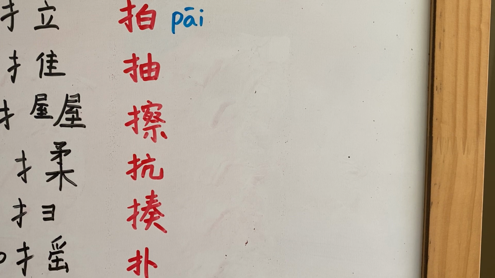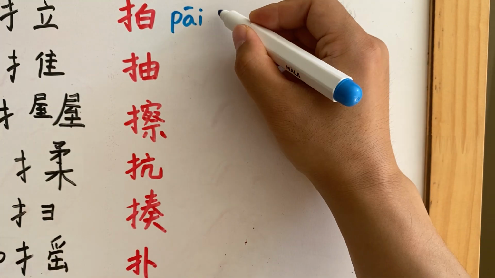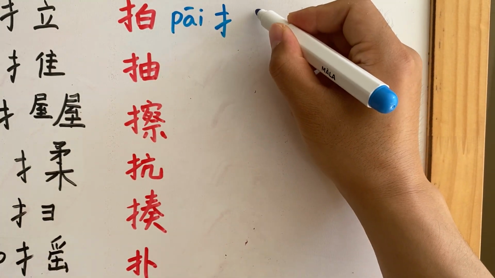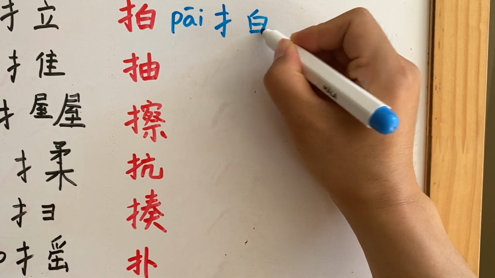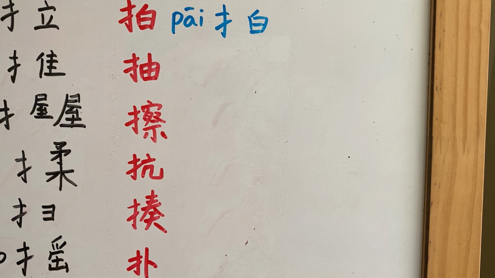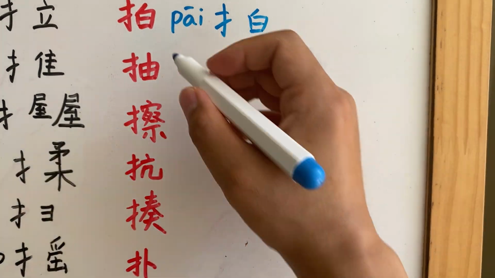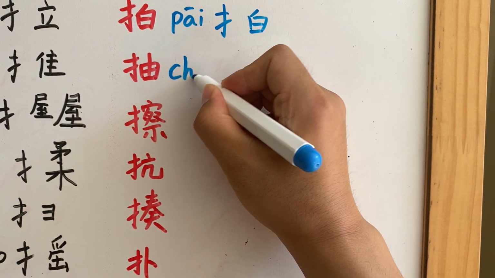So you may notice this one has a lot to do with your hands, right? 拍照 take photos, take pictures. 拍照, 照 is picture as a noun and take a picture as a verb. 拍照. This one is written like this: left part, the right part. 拍.